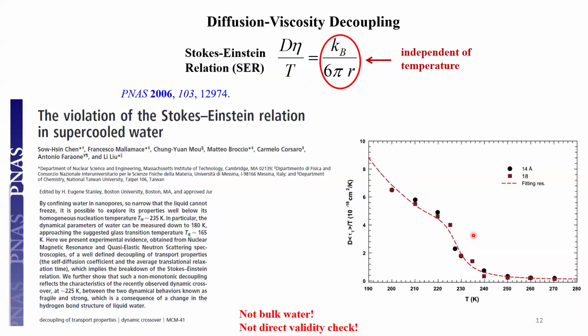The Stokes-Einstein relation is a nice relation which connects these two quantities, diffusion and viscosity. Diffusion is a microscopic quantity which defines the self-diffusivity of the particles, single molecular dynamics, and viscosity is a very macroscopic quantity. These two quantities are linked through the Stokes-Einstein relation, and you can see here D eta by T.